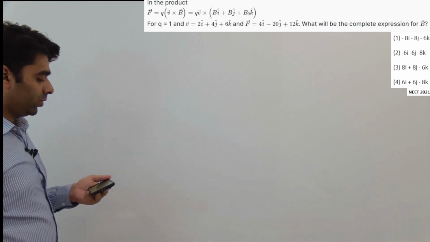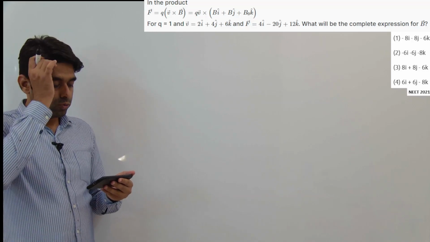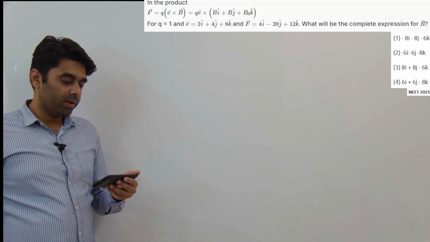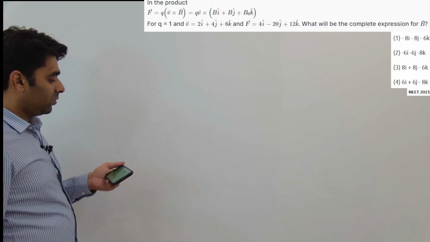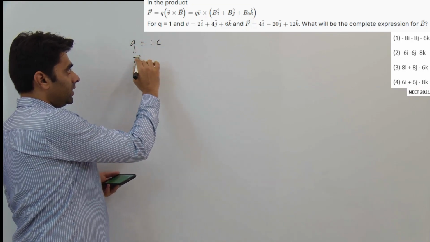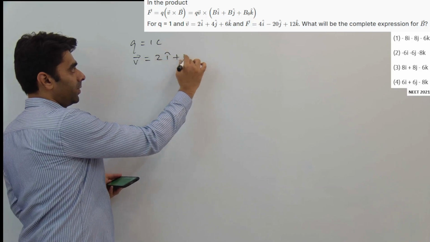So the question we have is, in the product F equals QV cross B, it is given B equals B I plus B J plus B naught K. If Q equals 1, charge is given to us 1 coulomb. Velocity vector is given to us 2 I cap plus 4 J cap.